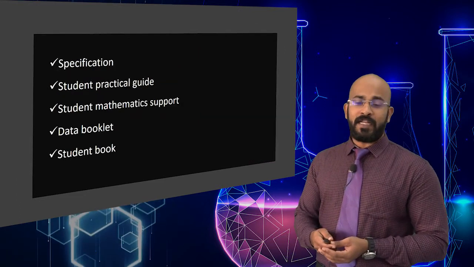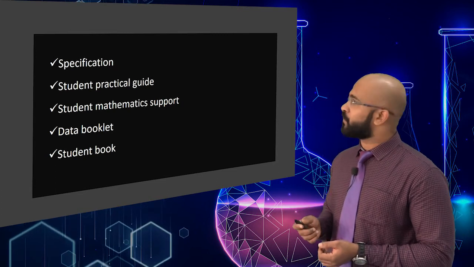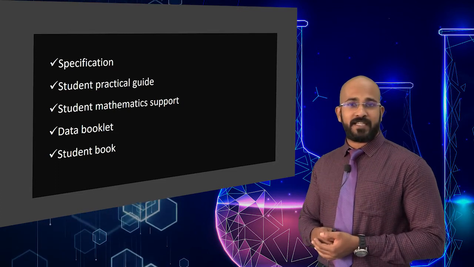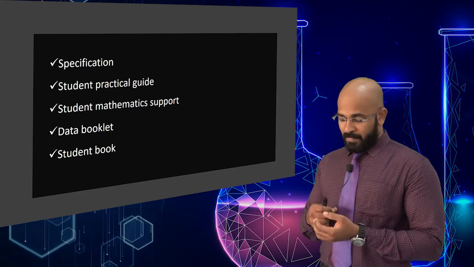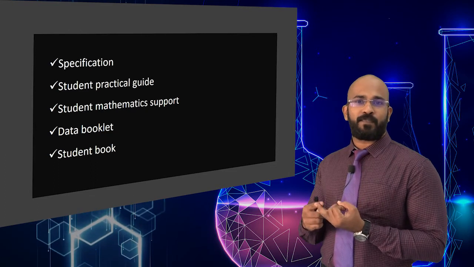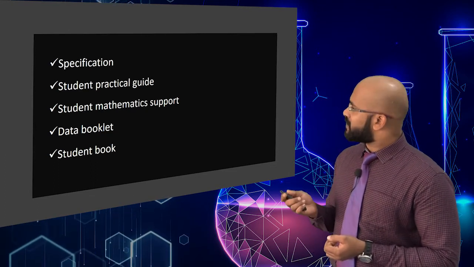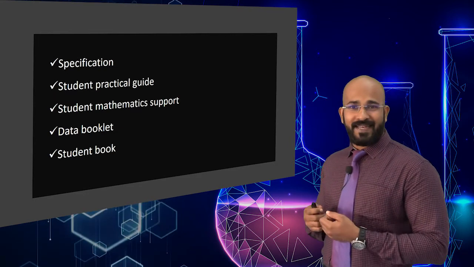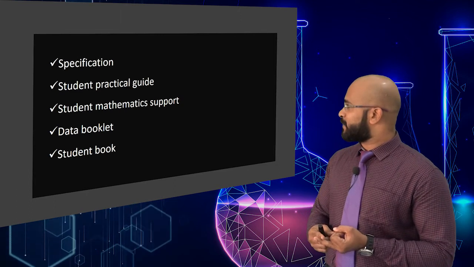So, let me conclude. These are the important documents that we have discussed today. First one is the specification, which gives us information about the structure of the course, chemistry content and assessment information. Then the supporting documents in order to practice and develop mathematical skills and practical skills.